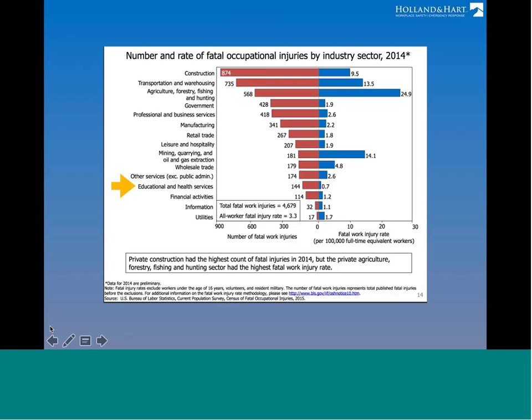And you'll see that educational and health services are close to the bottom of this list in terms of the raw number of fatalities at 144 and the fatal industry rate of 0.2. So that's generally positive for the healthcare industry.